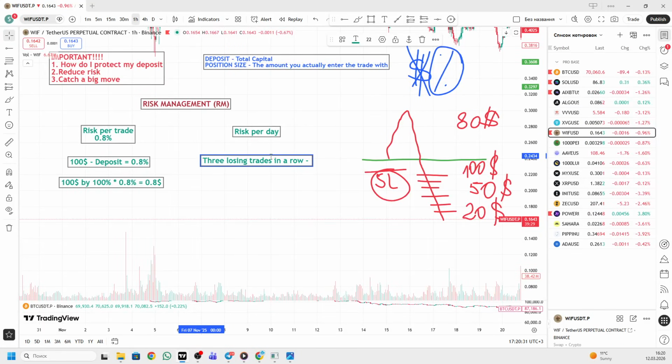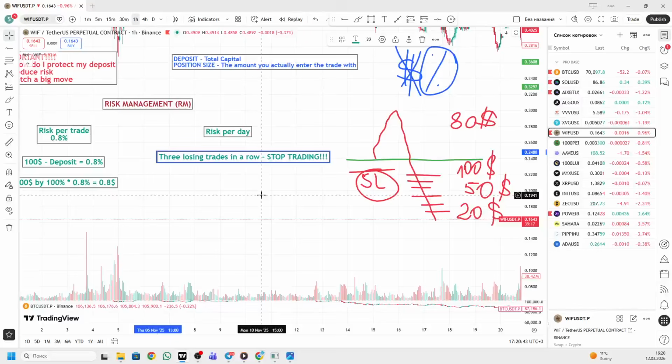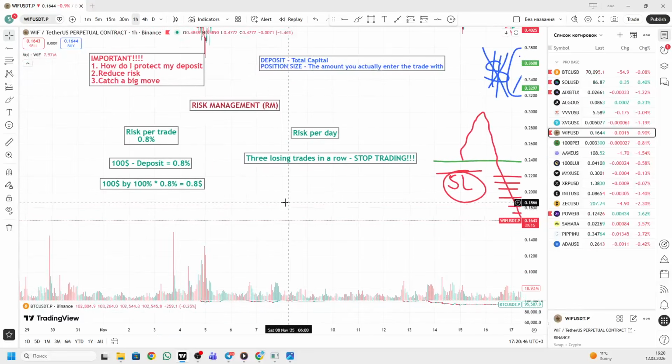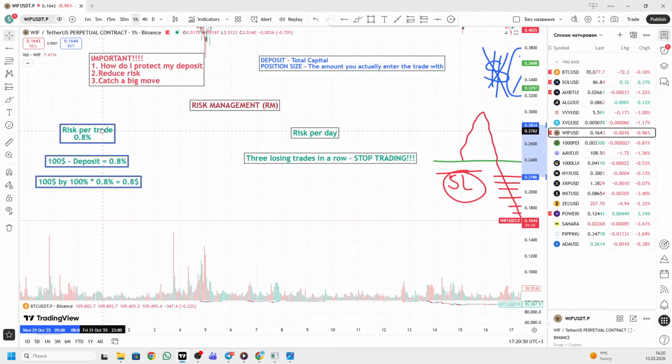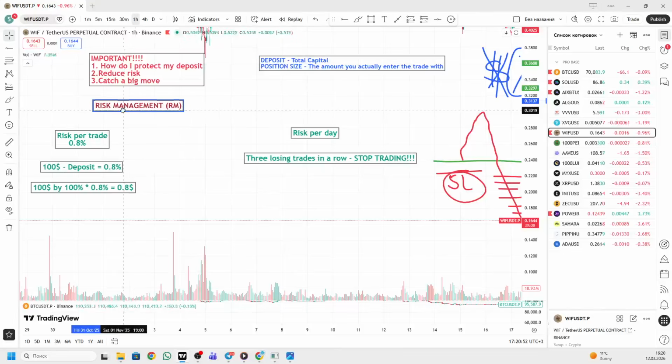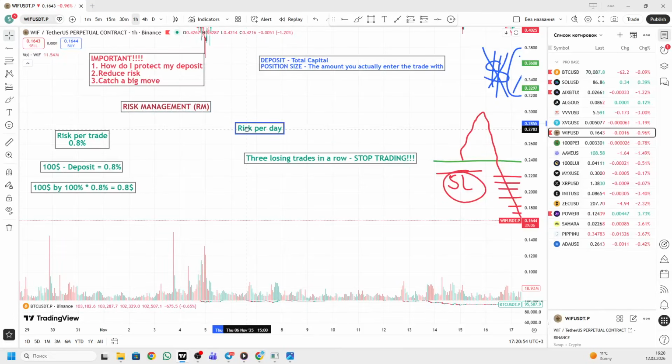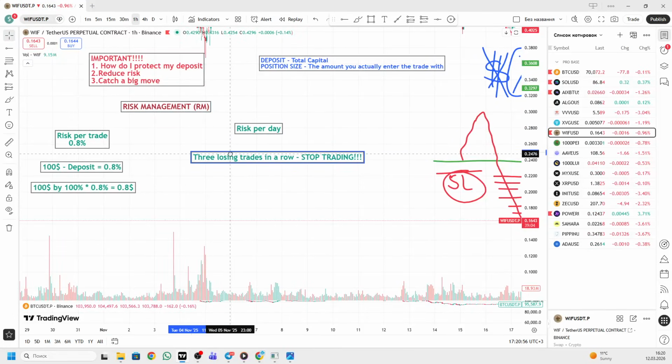Let's do this like this. Stop trading. Let's move it a little bit like this. So 3 losing trades in a row, stop trading.